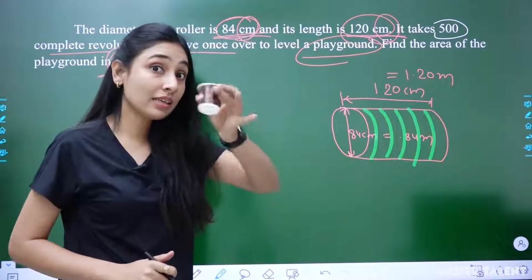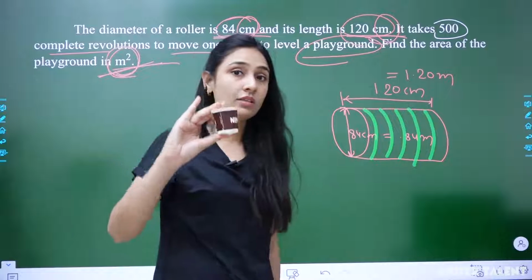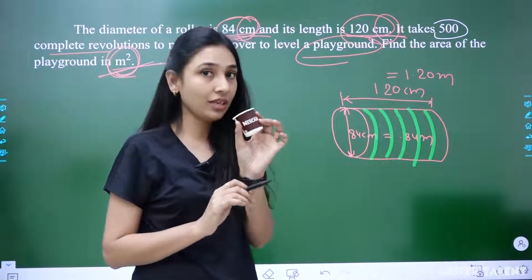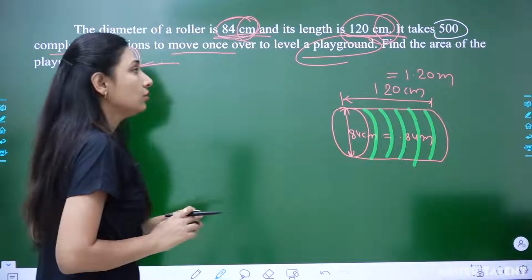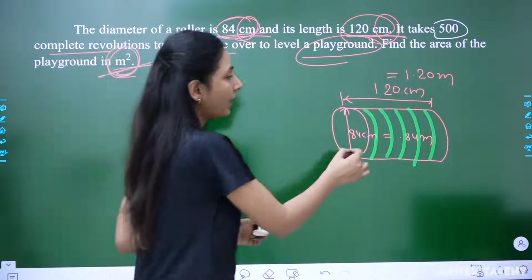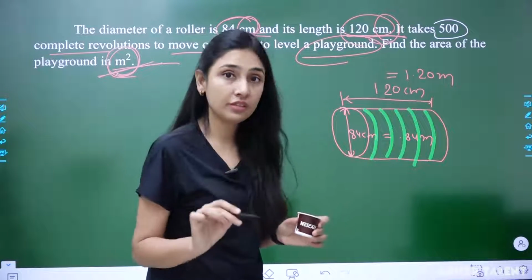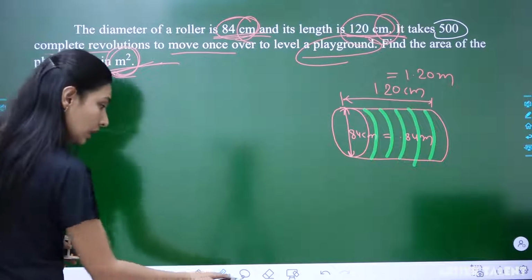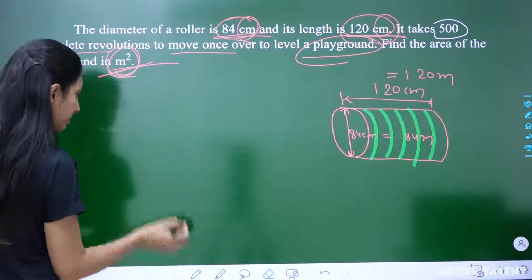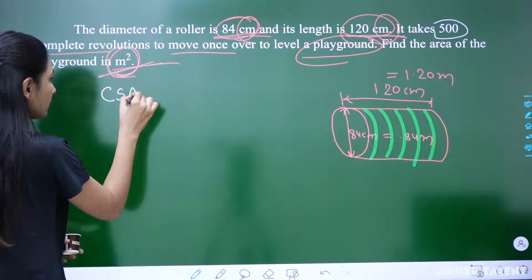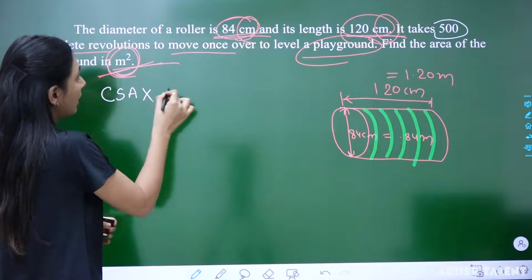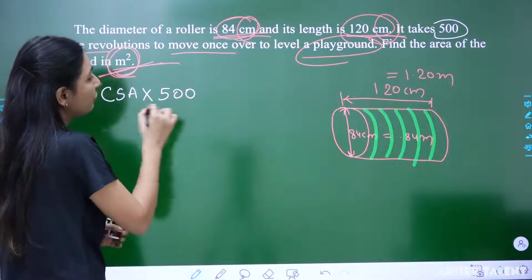which is rolling over the ground, is basically the curved surface area of this cylinder. Let us assume the diameter is constant throughout. So basically we have to find out the curved surface area, and this curved surface area is revolving 500 times.